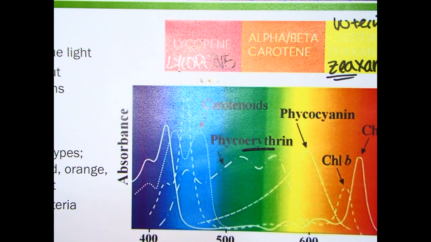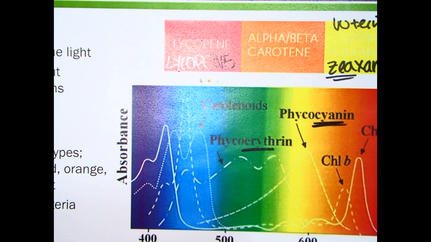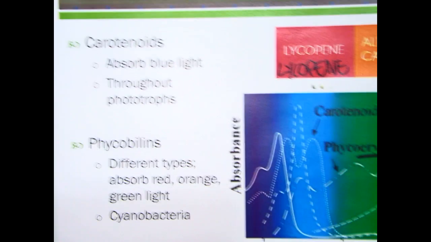And so that means that they will absorb light primarily in the green area, and phycocyanins look blue to us, cyan, and so they will absorb light primarily in the yellow and orange wavelength, because then they will look the reflected color and not the absorbed color.